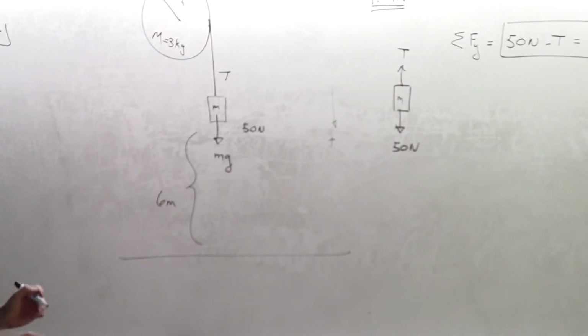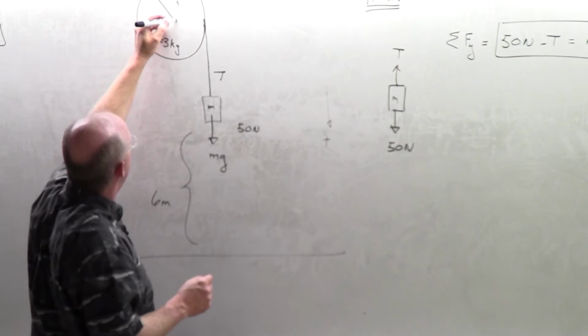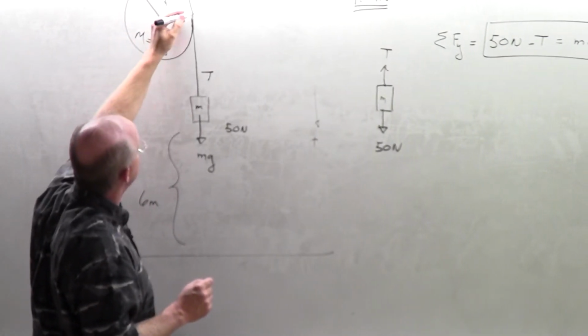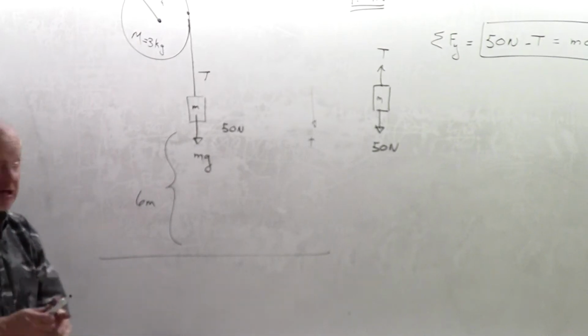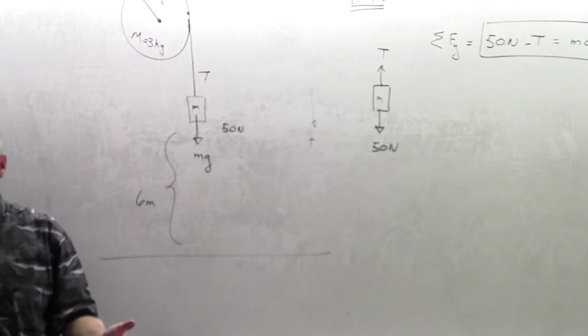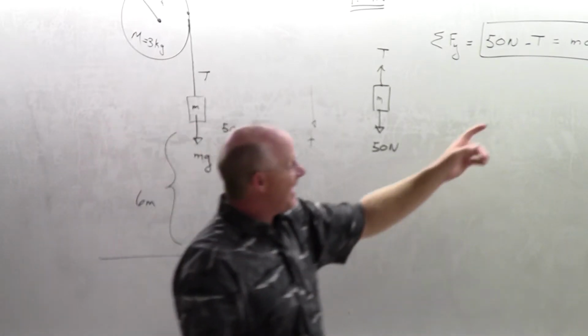When we worked out that problem, what we said is if you had something spinning, the acceleration of some point on the spinning object. We didn't say it was the acceleration of the object that was falling. So are you sure that this a here is the same as this a?